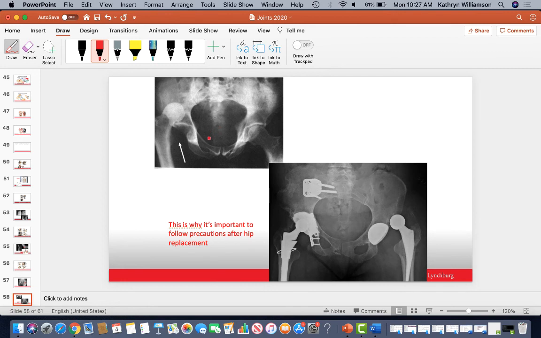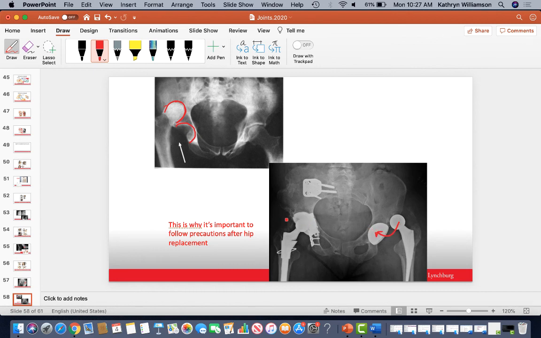And then here also is a hip dislocation. Look at the head of the femur. This is the acetabulum here where it's supposed to be. And then in this case, this is a hip replacement, and it's actually dislocated. So it's out of place. They need to go back in and pop that into the acetabulum.